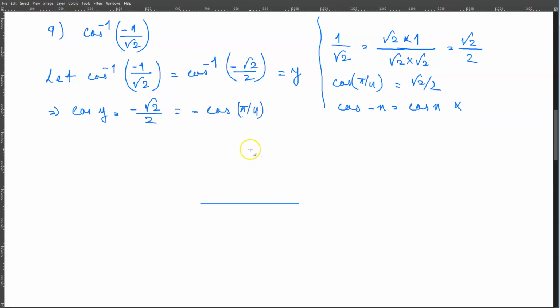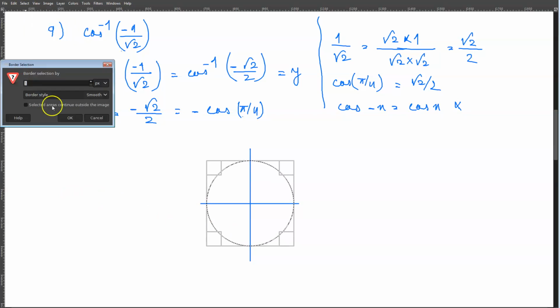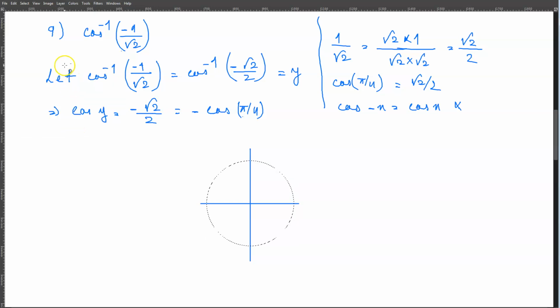So I can draw a unit circle over here. Then the angle pi by 4 is this angle over here.